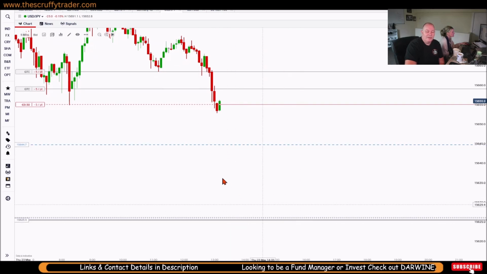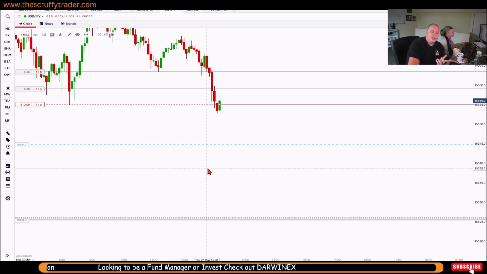Now we have these levels in place, I can keep an eye on them. So I know for a fact I can get out if that's where they are, and I can just take the profit. But I've set up a trading arena that I'm going to work in. I know where the stop is. I know where my thinking stop is. I know where I can position trades to get in and out of the market and extract some money. And I've also got criteria to let it run if I want to.